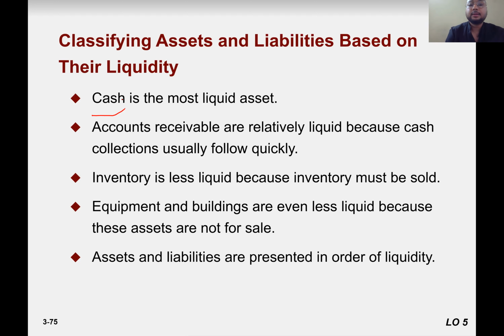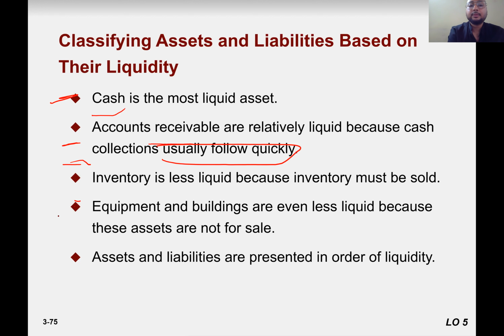And then after that, accounts receivable, because after cash, accounts receivable are usually collected very quickly, because we give some time, like 10 days, 5 days, 30 days to our customers to give us the money after the sales. And then there is inventory, which is less liquid than accounts receivable and cash.